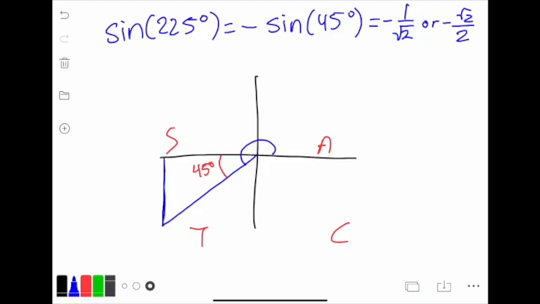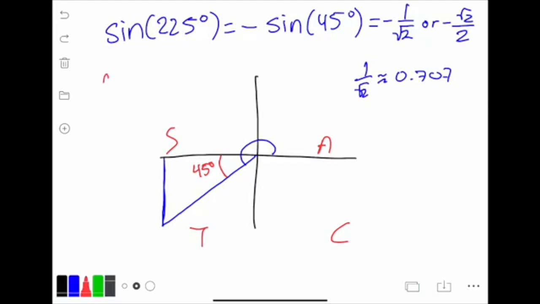You can confirm that on a calculator. If you type in sine of 225 degrees, you are going to get negative 0.707. And 1 over square root of 2 is approximately 0.707. So if you were to plug into a calculator sine of 225 degrees, you are going to get negative 0.707.